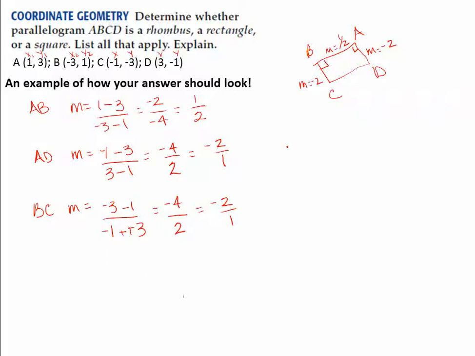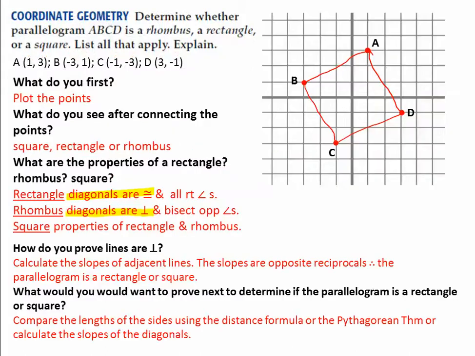So I'm definitely dealing with some perpendicular segments. Therefore, I know that it's a rectangle or a square. It's not a rhombus. So what I'm going to do now is my next step, let's look.